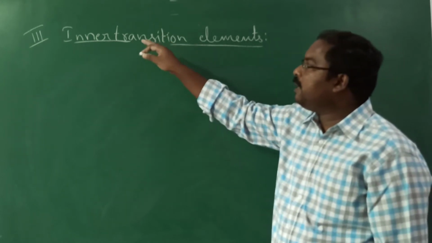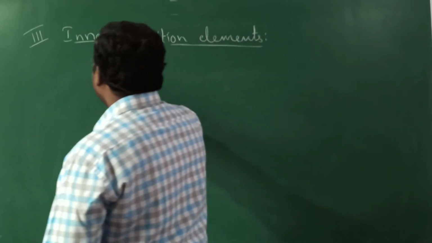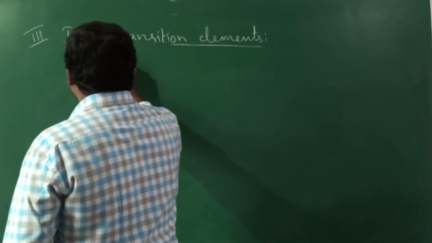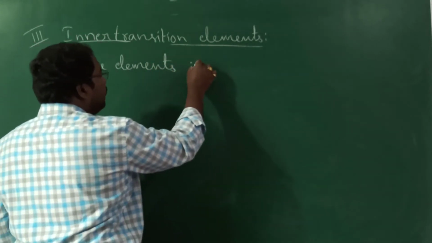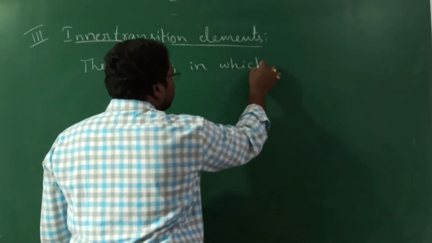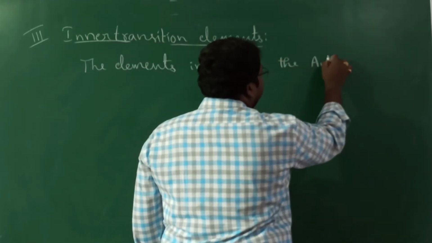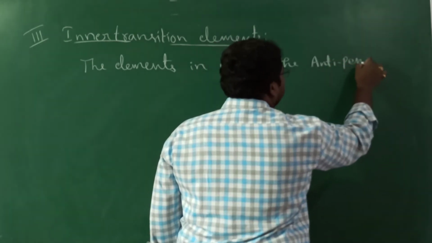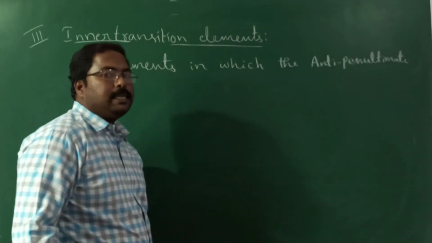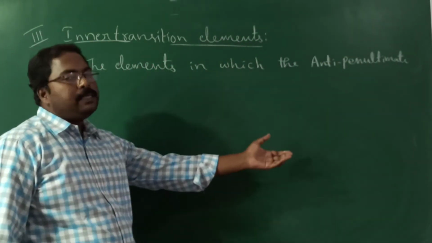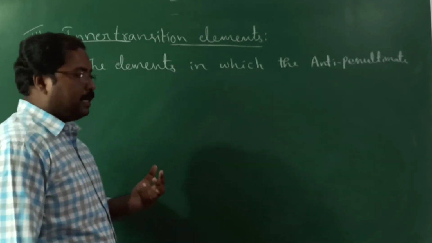So inner transition elements are nothing but f block elements. Definition-wise, note down the definition. The elements in which the anti-penultimate shell, previously we mentioned the penultimate shell, penultimate shell means the last second shell, anti-penultimate shell means the last third shell.